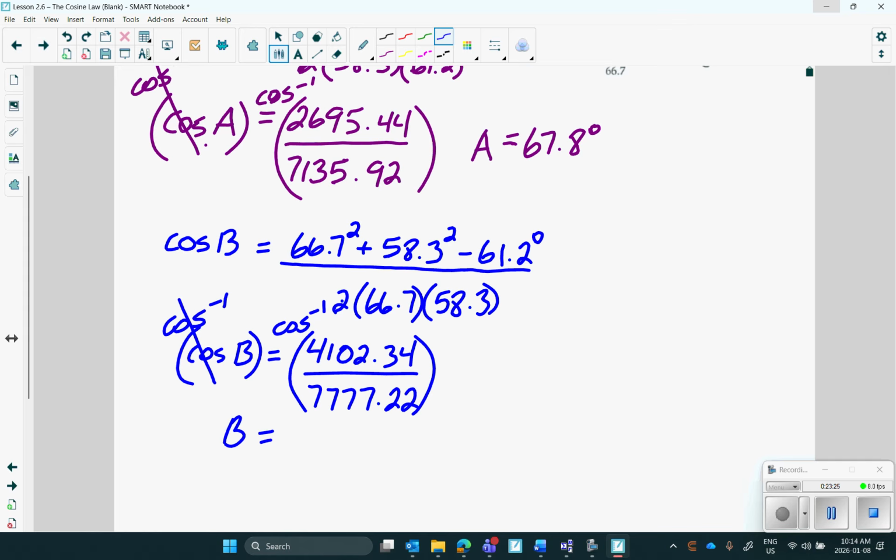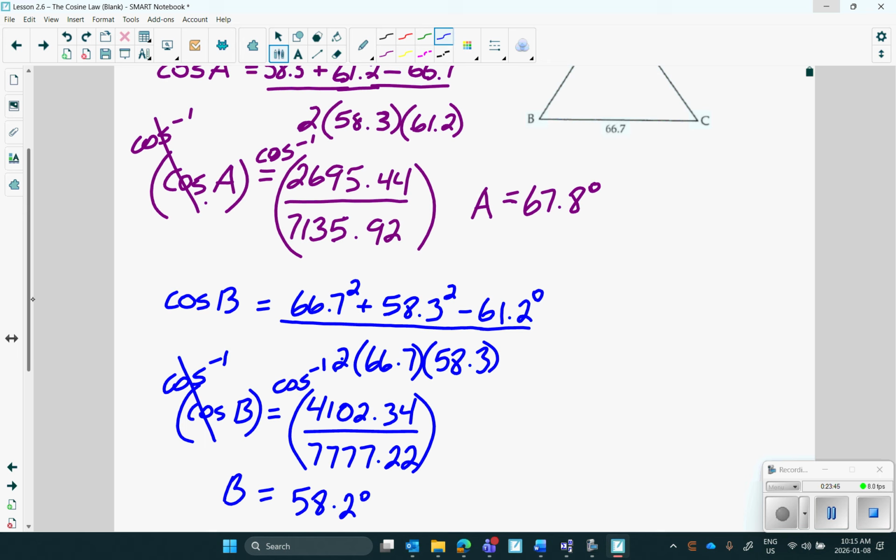Cos inverse 4102.34 divided by 7777.22 gives me 58.2 degrees. So this one is 58.2.